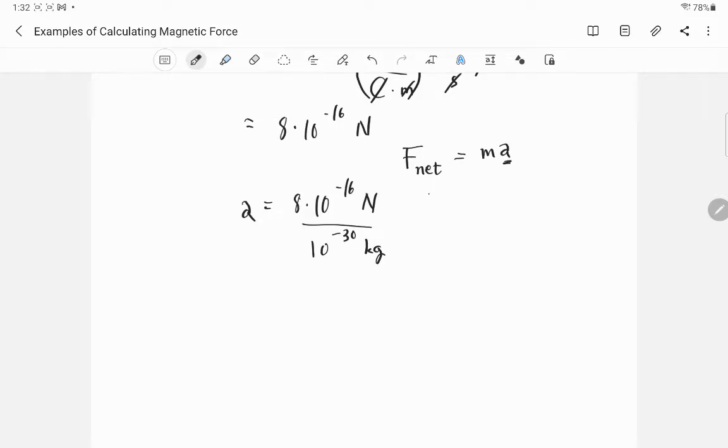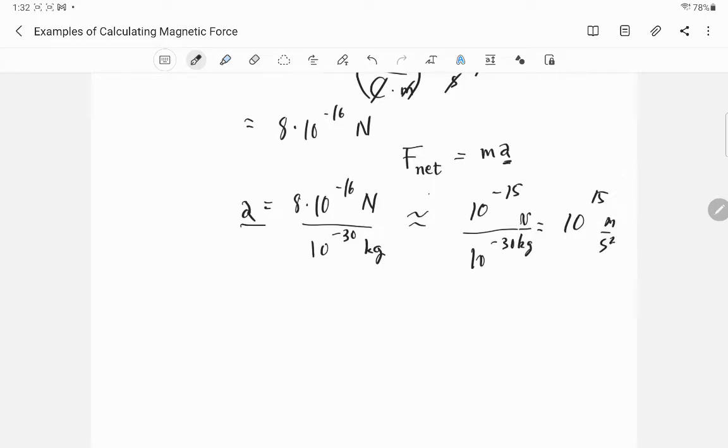So if you look at this, roughly, 8 is basically 10. So 10 times 10 to the minus 16 is 10 to the minus 15. Very roughly speaking, 10 to the minus 15 over 10 to the minus 30 is 10 to the positive 15. And the units, newtons per kilogram, don't forget to carry the units along, is meters per second squared.